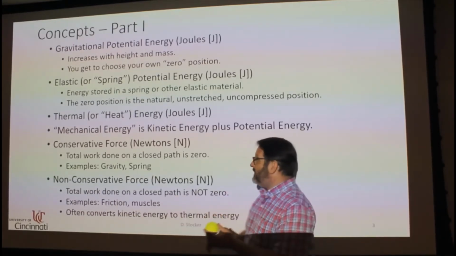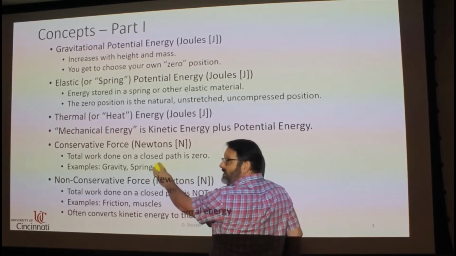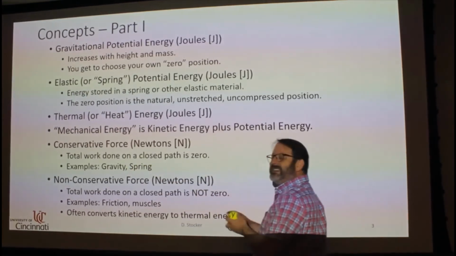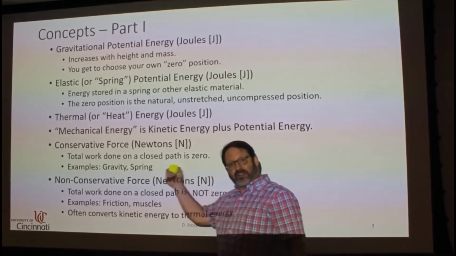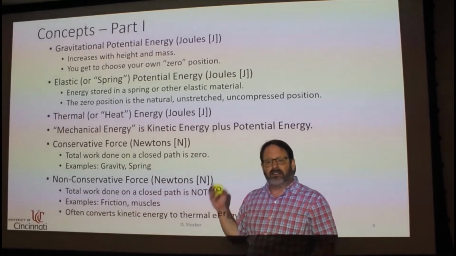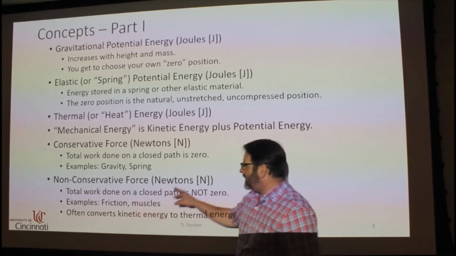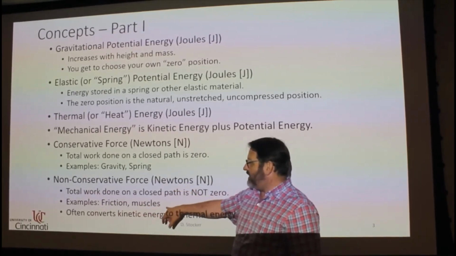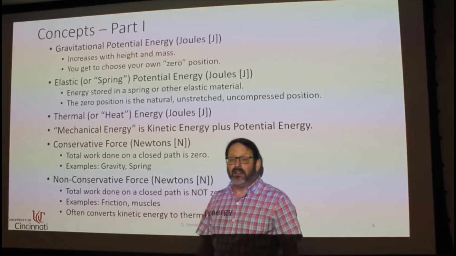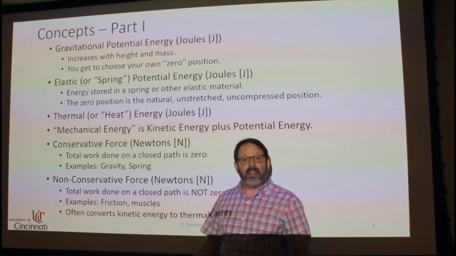Because if I had to do something like I'm going to start here, oppose friction across the board to this spot, oppose friction back here, I had to do work against the friction here. I have to do more work against the friction to bring it back. So this is anytime you're sliding something across a floor. So that makes friction an example of a non-conservative force. Your muscles are the same way. If I hung a mass on a spring and let it bounce, it can bounce all day, right?